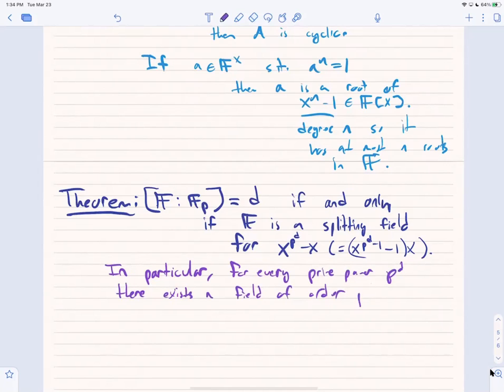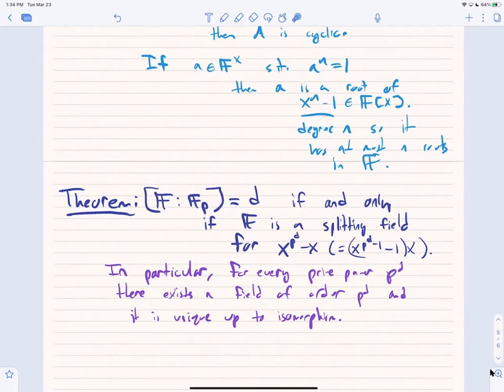This theorem says that that has degree d, and so by what we considered above has order p to the d. So there exists a field of order p to the d, and it is unique up to isomorphism. Because if we have two such fields, well, first we know from what we discussed above that they're both extensions of F_p. And then each of those extensions of F_p is, by this result, a splitting field of this polynomial.